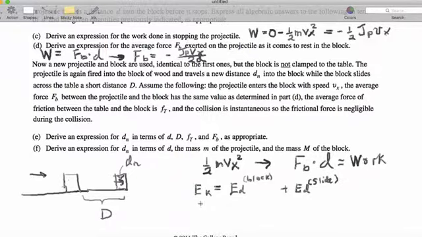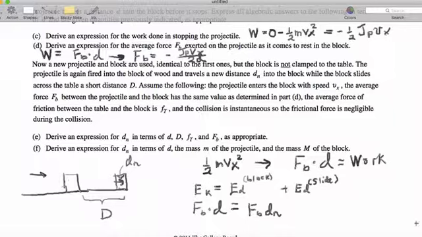So let's try to get both of those. I know that the kinetic energy is Fb times d, and that's going to equal the force of the block on the projectile times that little embedding distance. And the block slides across the table a short distance.